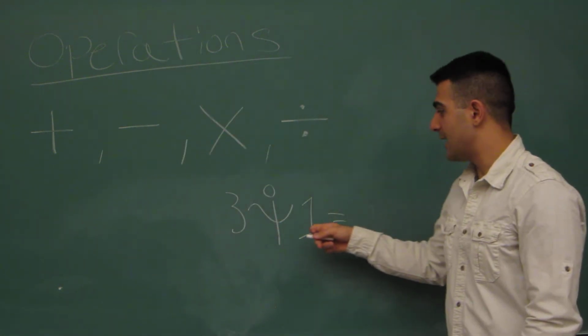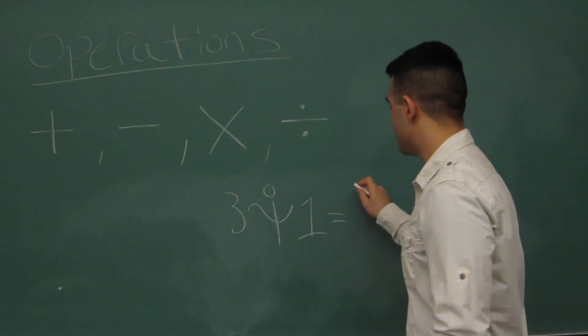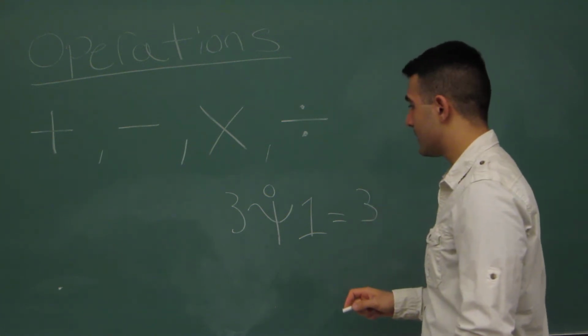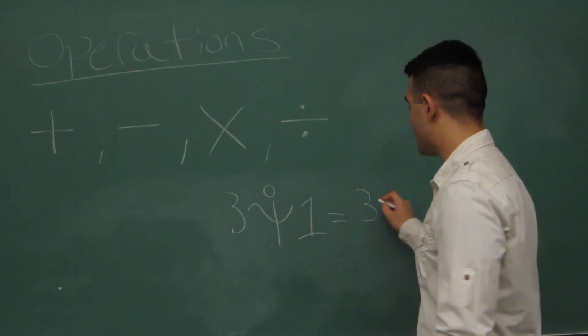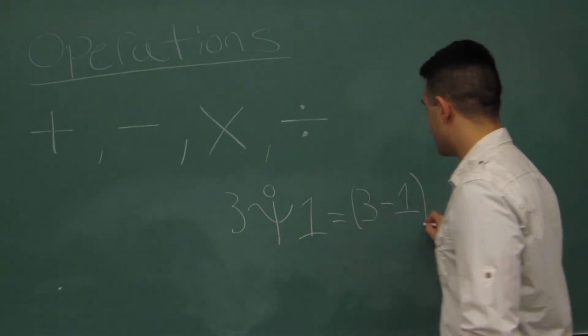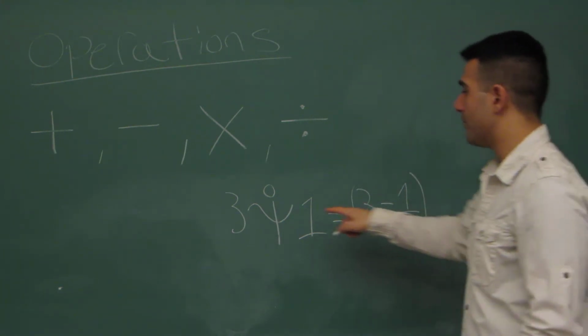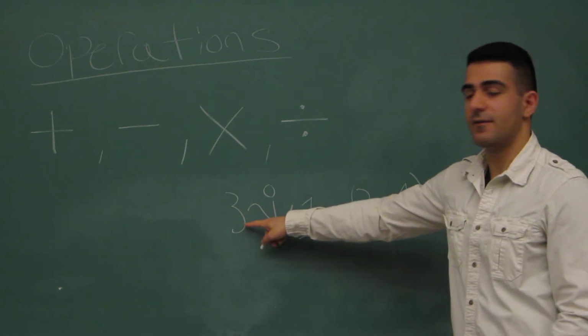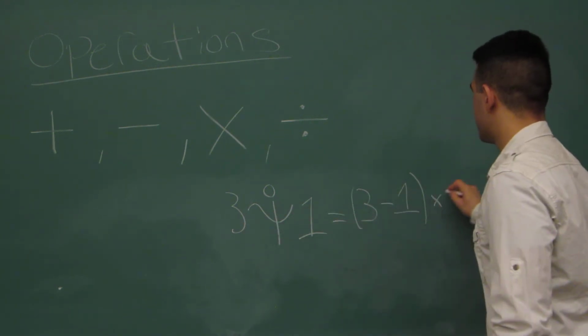3 fancy I 1 means that you take the first number, and you subtract the second number, and then you multiply by the addition of the first number and second number.